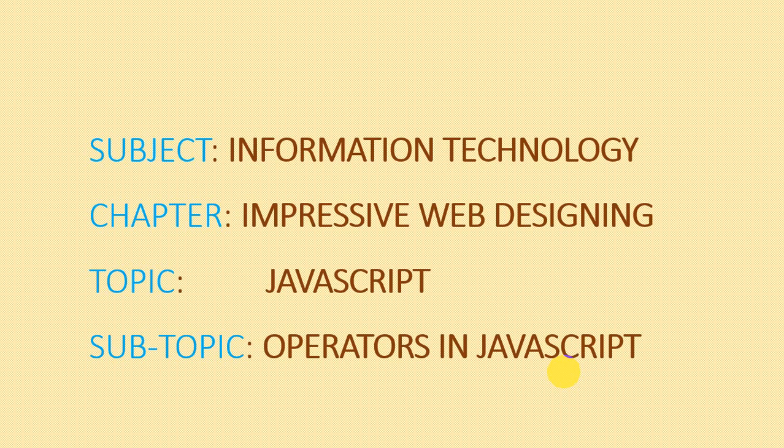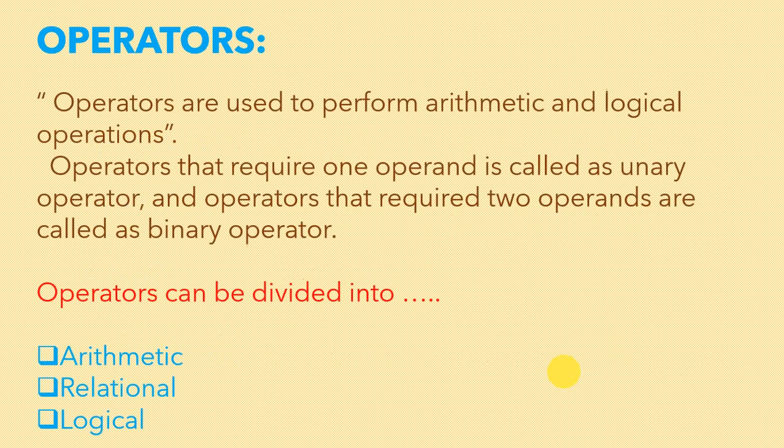Let's have a look at what we have in JavaScript and what the purpose and objective of these operators is. The first thing I want to make clear is that operators are symbols used to perform arithmetic and logical operations. Arithmetic means we have n number of arithmetic operations like addition, division, multiplication, subtraction.